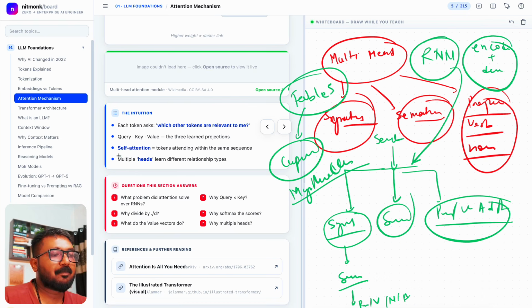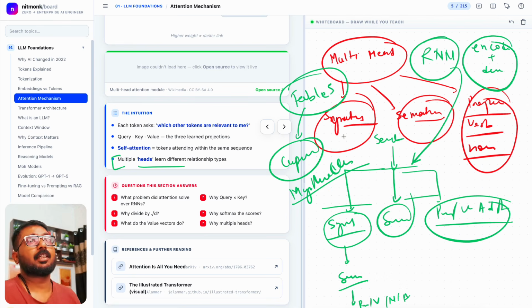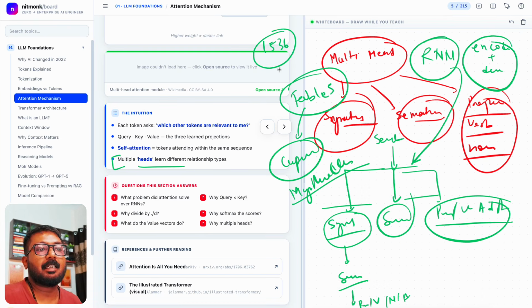If you look at this multi-head now, you understand what it is doing. It's all about generating embeddings of each and every token, turning them into numbers in an embedding matrix that we learn. Let's say we use 1536 embeddings or 3072 embeddings, which means these different dimensions of numbers represent tokens inside a multi-dimensional space.